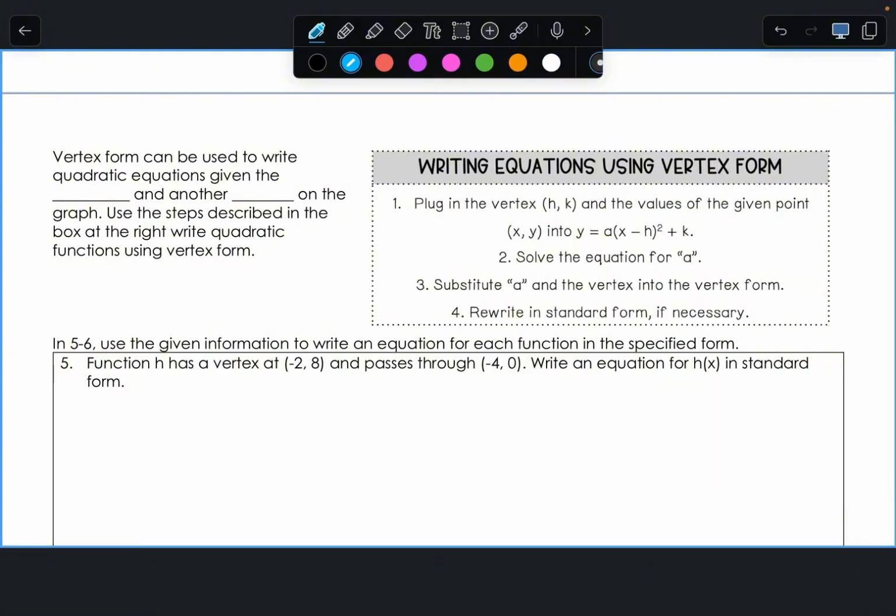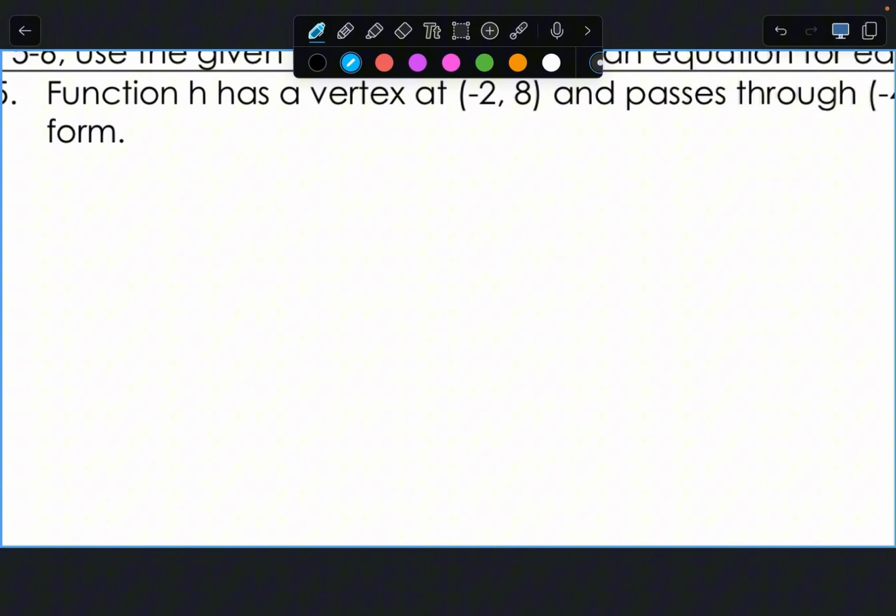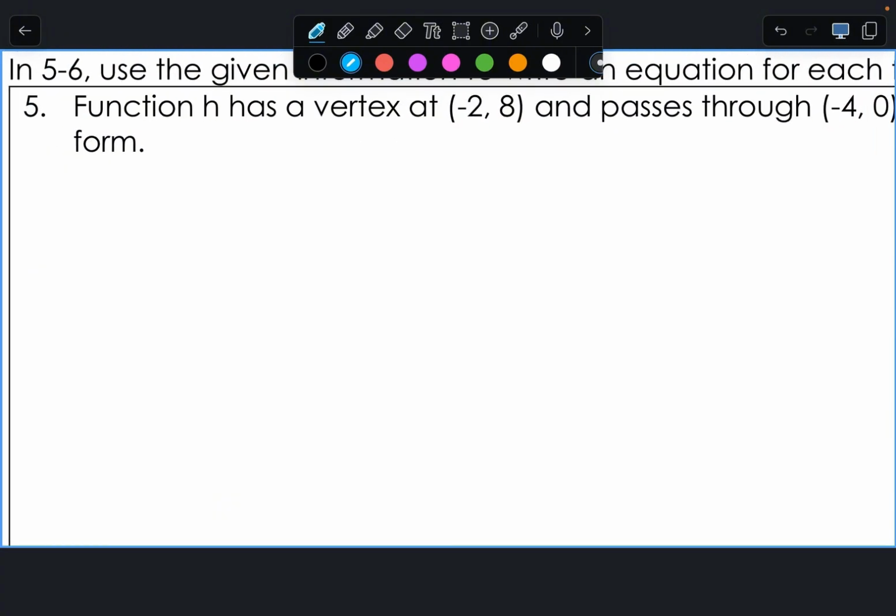So, it says the function has a vertex of -2, 8, and -4, 0. So the first thing we're going to do is we're going to find A. To find A, I'm first going to write my vertex and that random point.